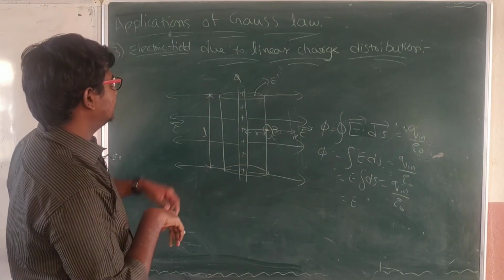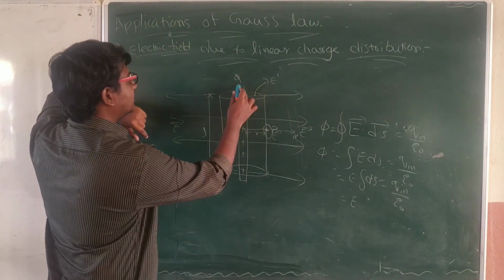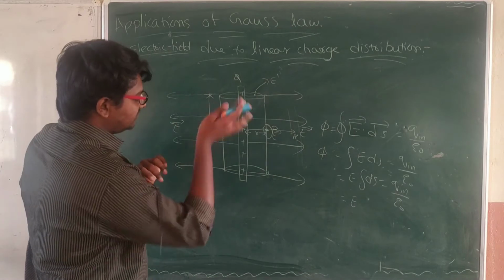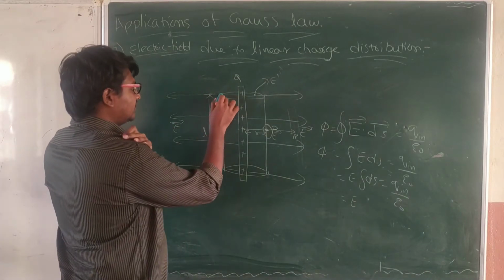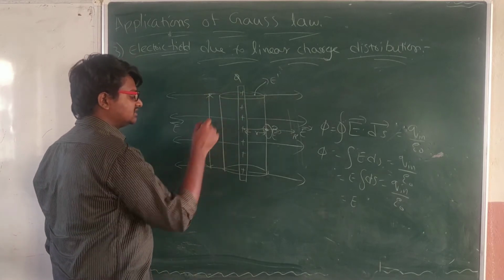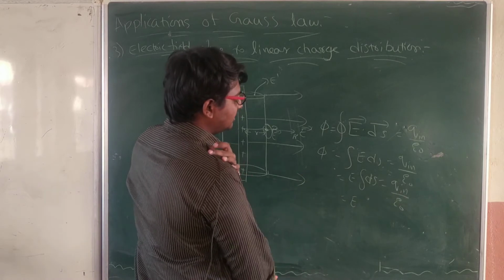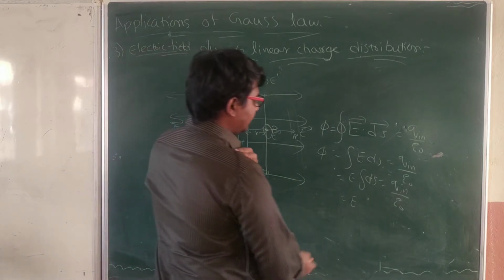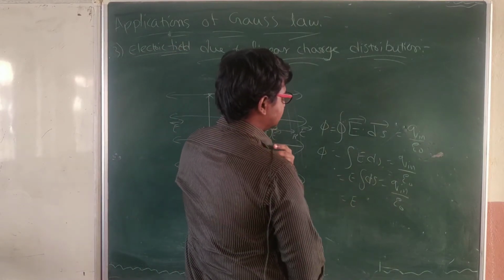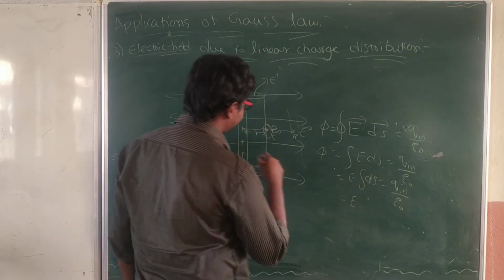Why do we have to consider L? Because this rod is not an infinite length rod. If it were an infinite length rod, it would be different. Now we are taking a rod of some length L, and around it we take the Gaussian surface with the same length L. For integral ds, we have to consider the total surface area of the cylinder.